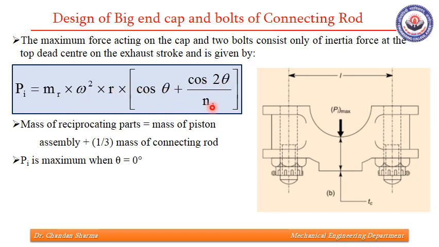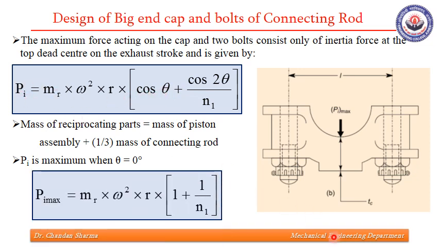We have seen this formula earlier also, where mr is mass of reciprocating parts. It consists of the whole mass of piston assembly plus 1 by 3 of mass of connecting rod. We know that the value of inertia force will be maximum for theta equal to 0. So Pi maximum is mr omega square r into 1 plus 1 upon n1, where n1 is the ratio of length of rod to the crank radius. This Pi max will act over here.